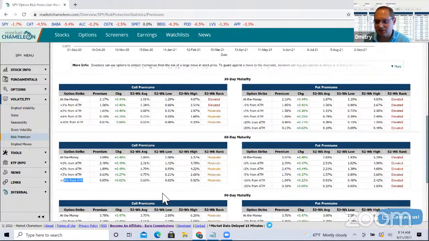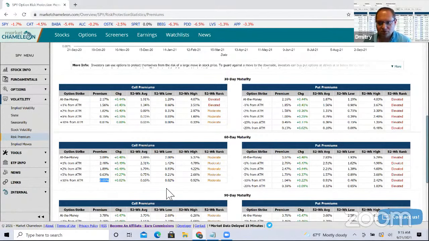So let's see what the headlines kind of say. Usually it's like, well, if I'm paying 1% for an out of the money put, and I'm barely paying anything for the out of the money call, 0.5%, that's like I could get 20 calls for one put.